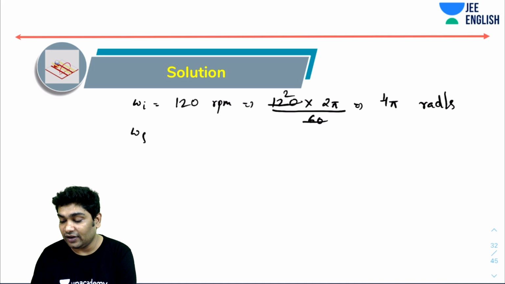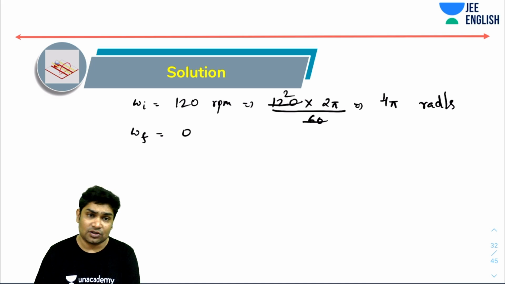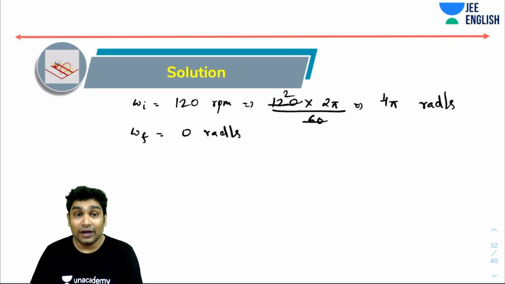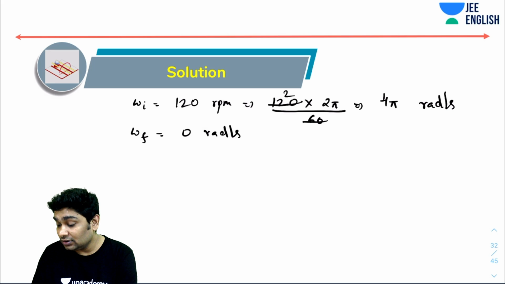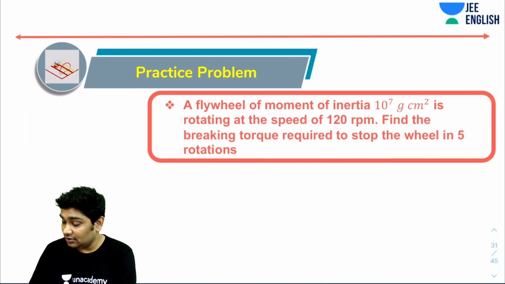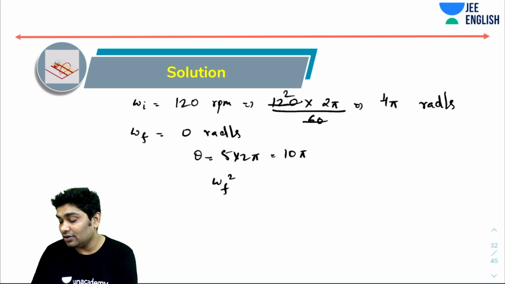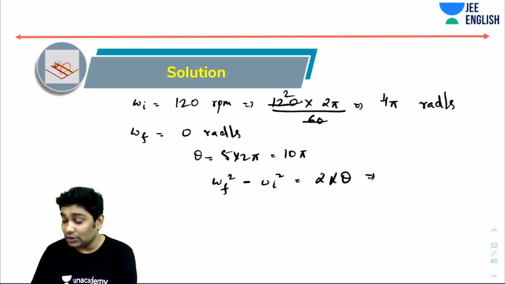What is the omega final? Final omega is obviously 0 because this has to come to rest. Now, what is the theta? Theta is 5 rotations, so 5 into 2 pi, that is 10 pi. Now all I need to do is use the equation omega final square minus omega initial square equals 2 alpha theta. When I do that, what will I get?